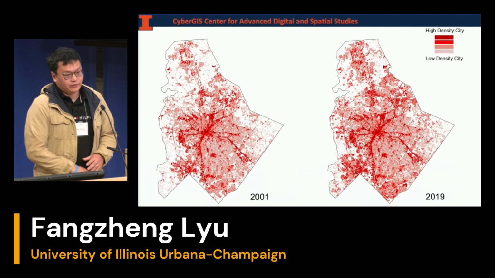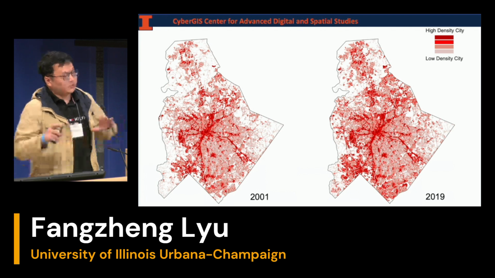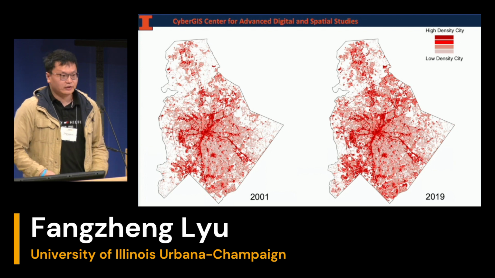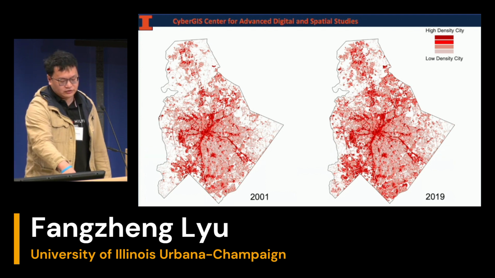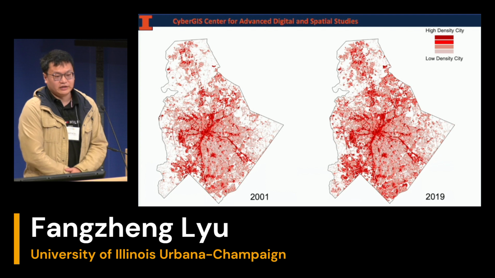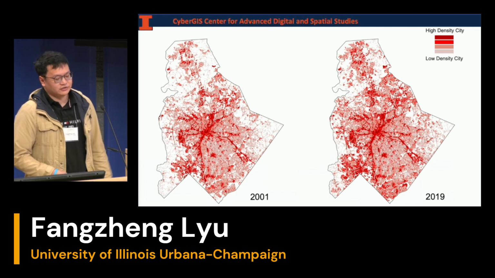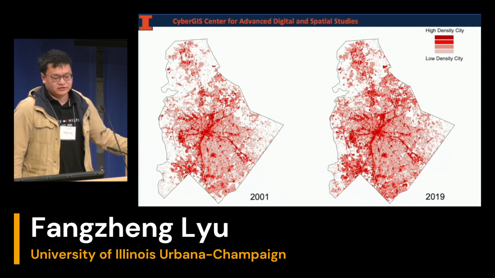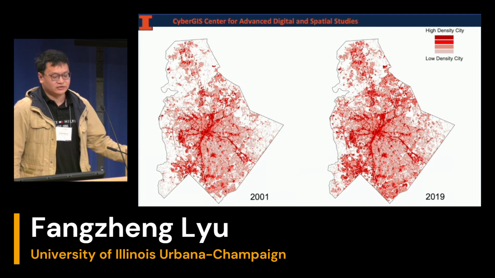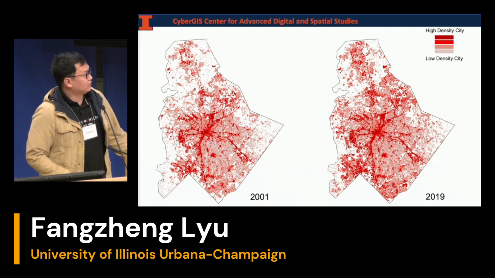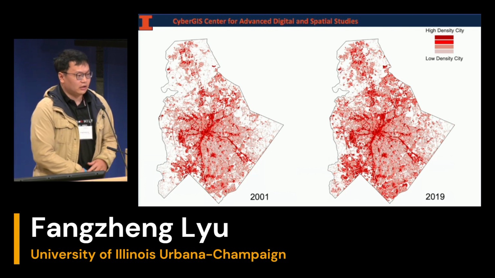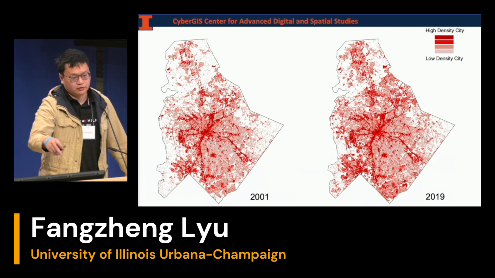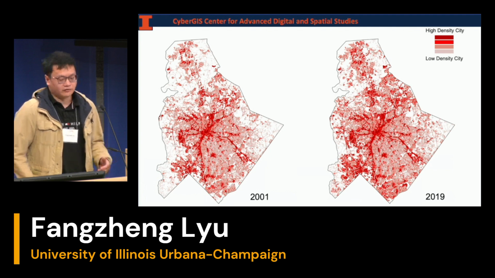Here is a very straightforward visualization of the changes in land use land cover. The first image on the left represents the urban area in 2001. The lighter color is a lower density city, and the darker color is a higher density city. As you can see, there is some urban sprawl happening from 2001 to 2019, especially in the suburban area, if you look at the northern part of the city.